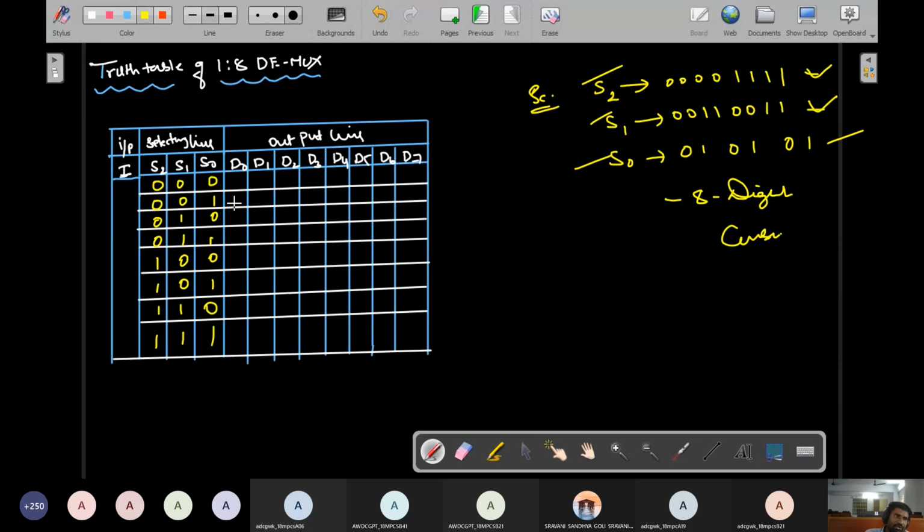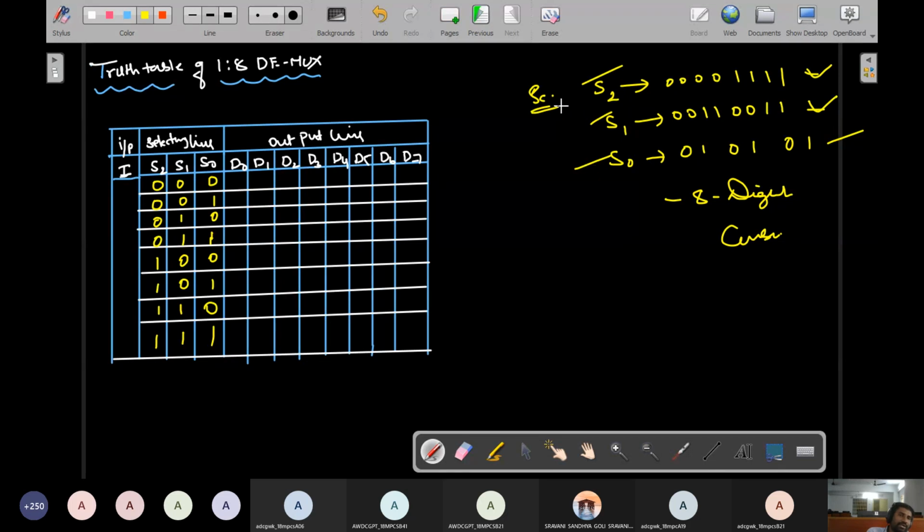So the combinations are 000, 001, 010, 011, 100, 101, 110, 111. Learning these selecting inputs by heart is very difficult, so please remember this short trick.